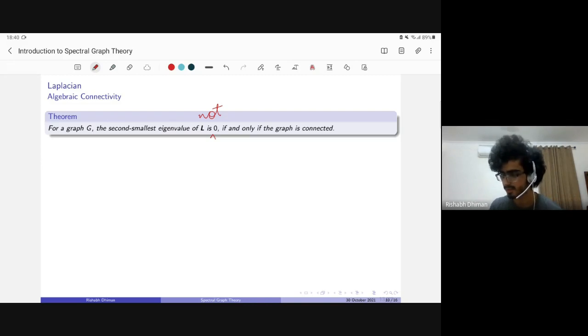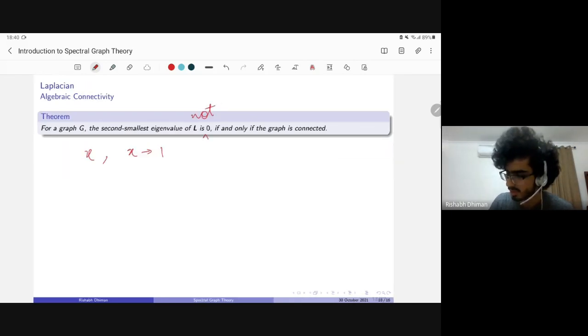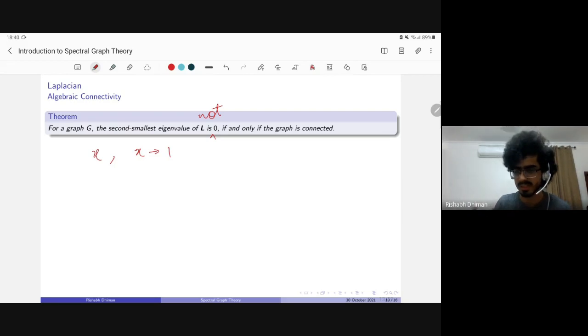So for a graph, the second smallest eigenvalue is not 0 if and only if the graph is connected. Now I'll give a proof of that. You know that 0 is the smallest eigenvalue. Say you want some other vector x which is not all constant, because you can always scale a vector by some value and it will have the same eigenvalue.